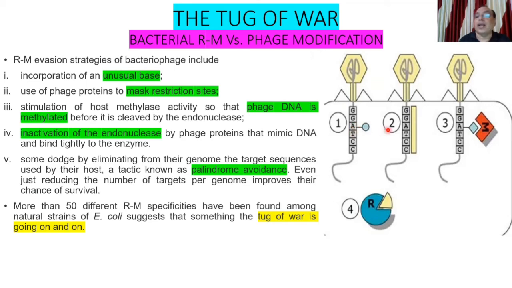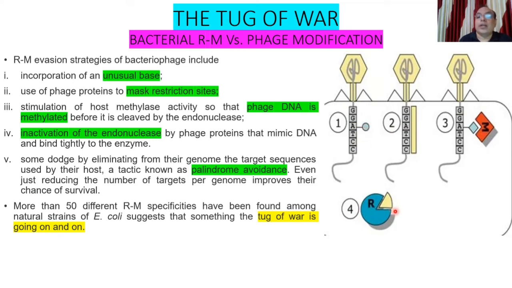You see here, there are a number of ways. Many viruses, bacteriophages, that is viruses parasitic on bacterium, attach some unusual bases. It may be adenine, it may have got some unusual group attached to it, maybe methyl, maybe some other group.